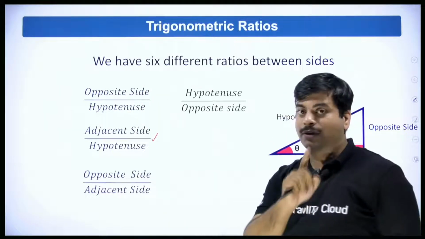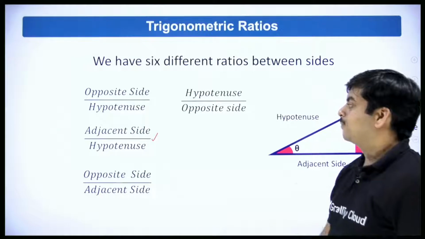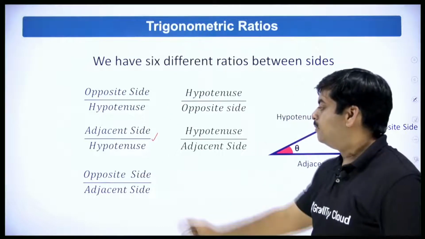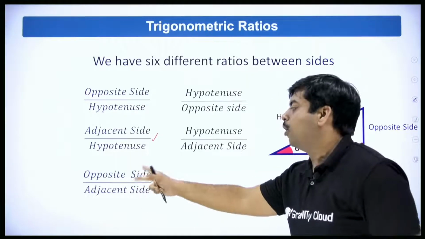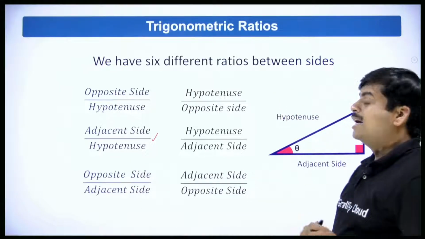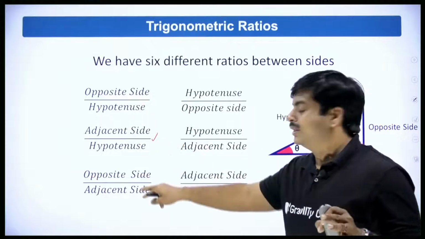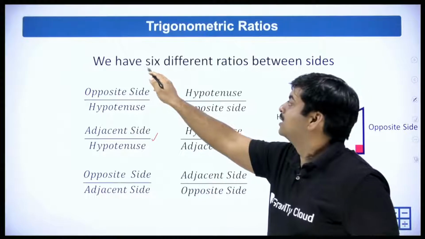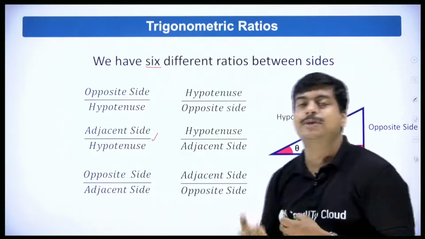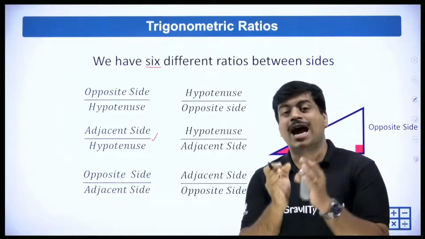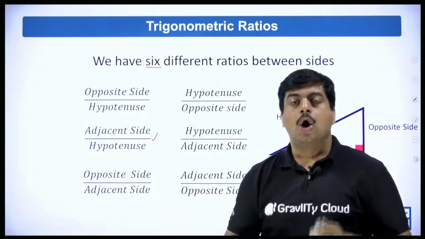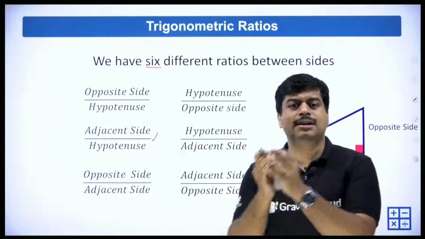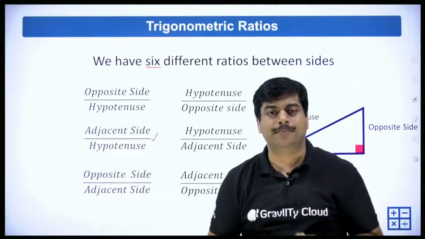Here, hypotenuse by adjacent side is one more ratio, and adjacent by opposite is one more. In total, 1, 2, 3, and the three reciprocals 4, 5, 6. In total we have 6 different ratios with respect to the sides, or we say 6 different functions. Every ratio can be considered a function in trigonometry.